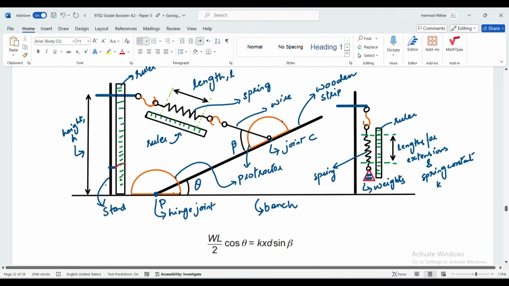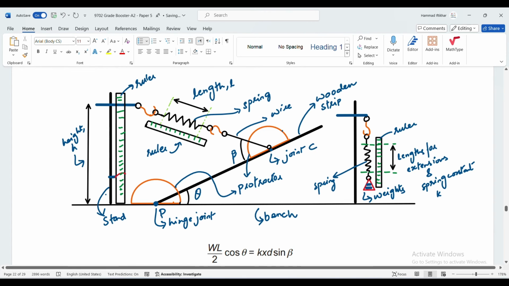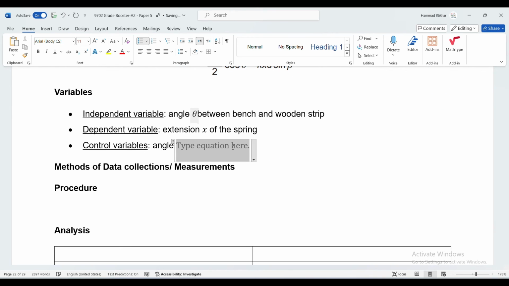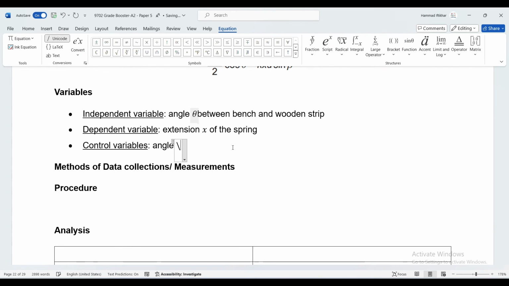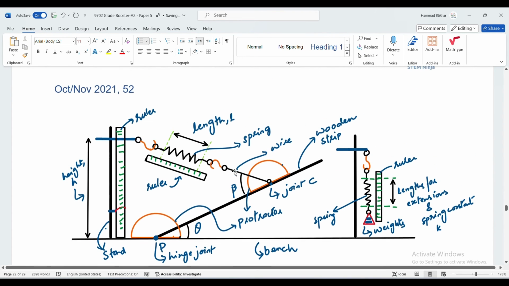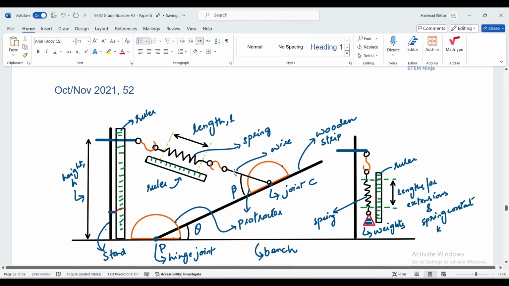Control variables. What we can actually control is the angle beta. What else can we keep controlled?